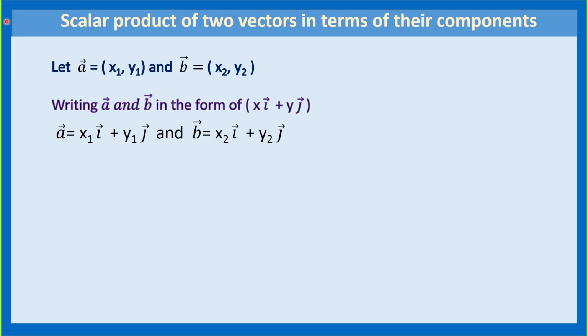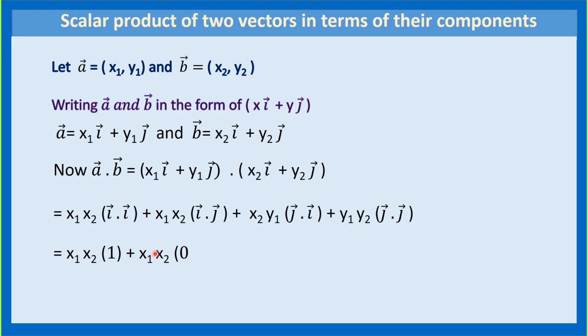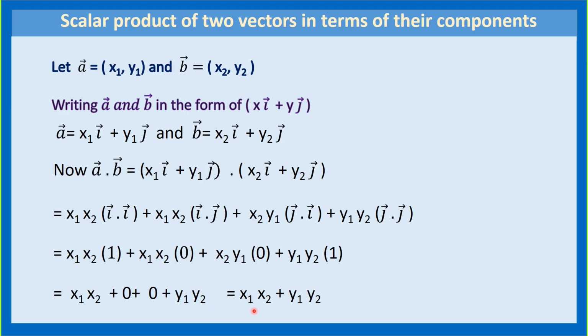Now, vector A dot vector B is equal to (x1 vector i plus y1 vector j) dot (x2 vector i plus y2 vector j). Now, multiplying both, we can easily get these terms, and when we simplify, vector A dot vector B is equal to x1 x2 plus y1 y2.